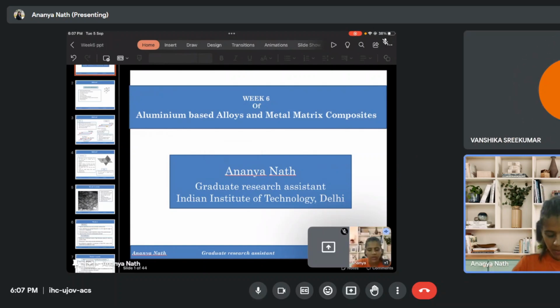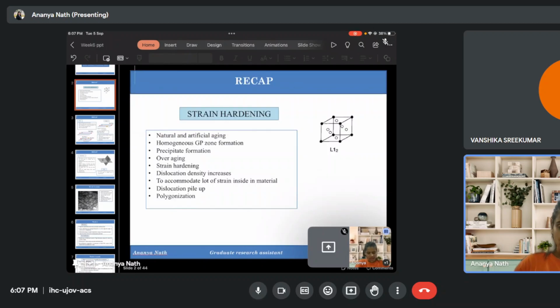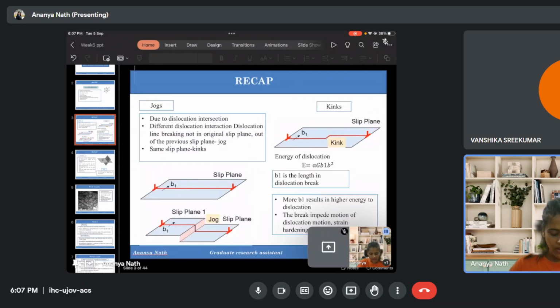Okay, no problem. So in last week, we were talking about the strain hardening of non-heat treatable alloys. Just a recap. There we got to know how we were stopping the dislocation motion by introducing a lot more dislocations. So jogs and kinks were introduced because of the interaction between different types of dislocations.